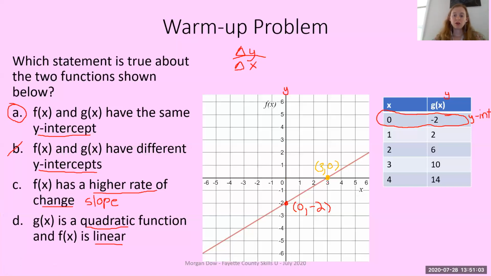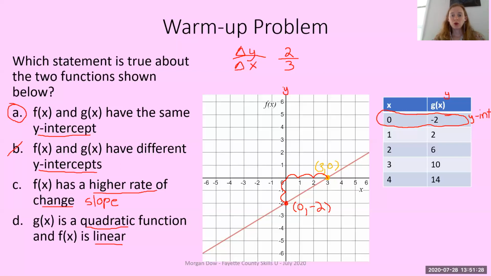To get from the red point to the yellow point, I need to go up 1 space, 2 spaces. So my change in y is positive 2, because we're going up. And then I need to go over 1 space, 2 spaces, 3 spaces. So an increase of 3.